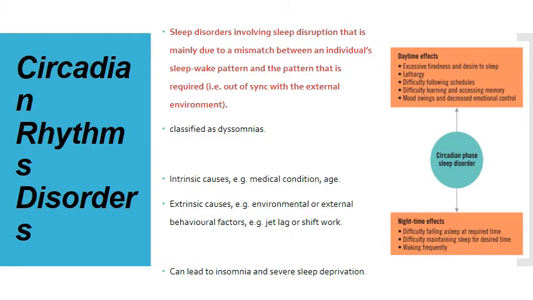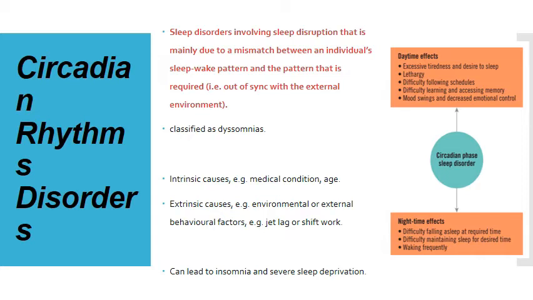Okay, so some other examples of dysomnias, although a whole dot point in their own right, are circadian rhythm disorders. These disorders are a group of sleep disorders involving sleep disruption that is primarily due to a mismatch between an individual's sleep-wake pattern and the pattern that is desired or required.